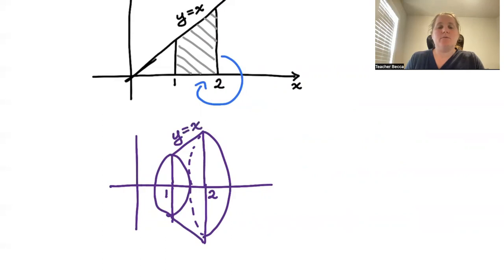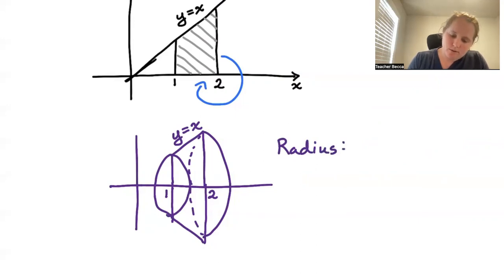In this case, our radius is that vertical line running from the x-axis to the line y equals x. So our radius is just r of x equals x minus 0.